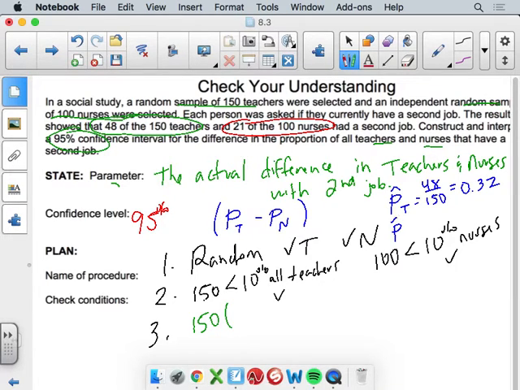And the sample proportion for nurses, 21 over 100, 0.21.